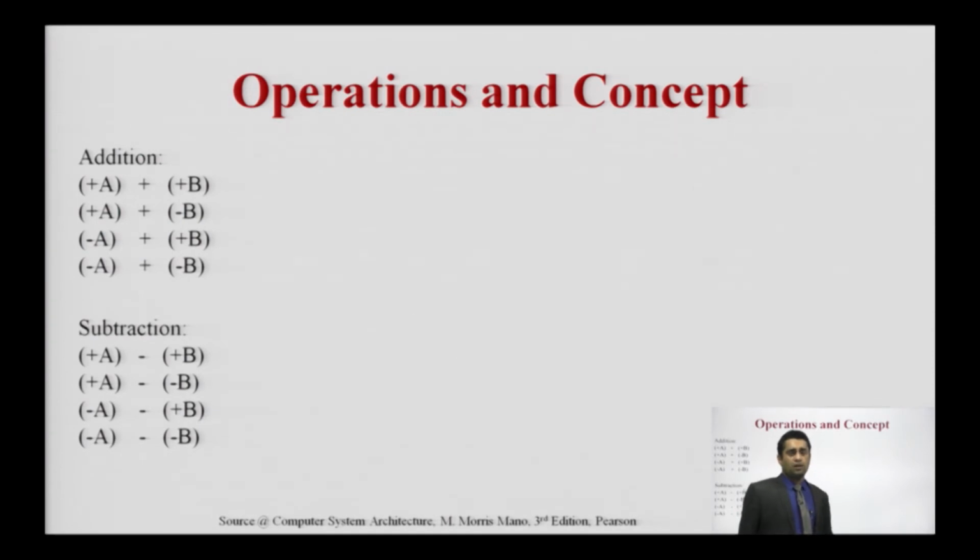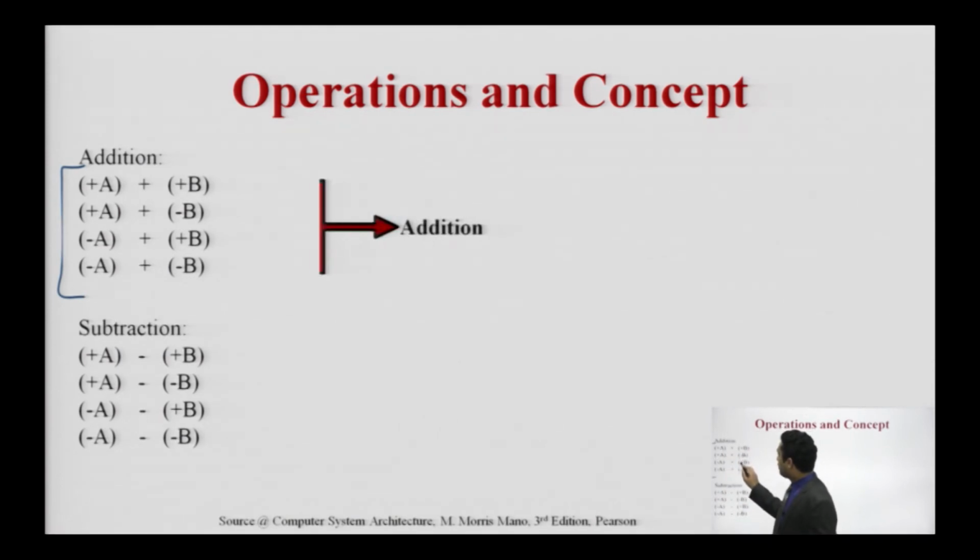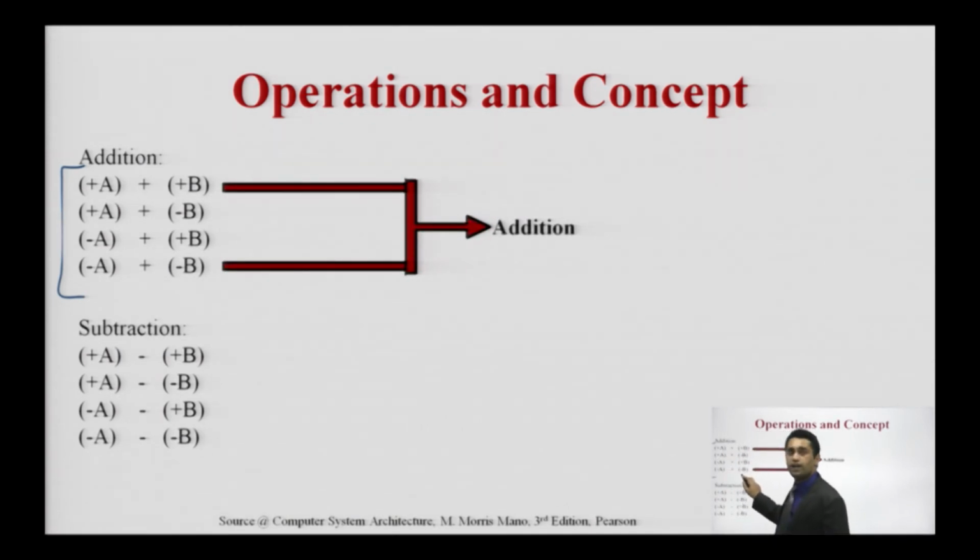We are talking about the arithmetic operations like addition and subtraction, because multiplication and division are derived from the same ones. If I only focus on the addition part, this is the addition, and this is also treated as addition, where we take a common minus sign like this.